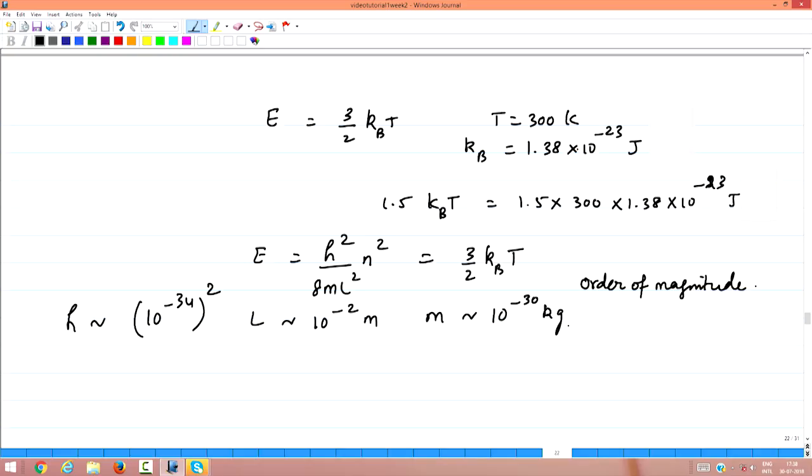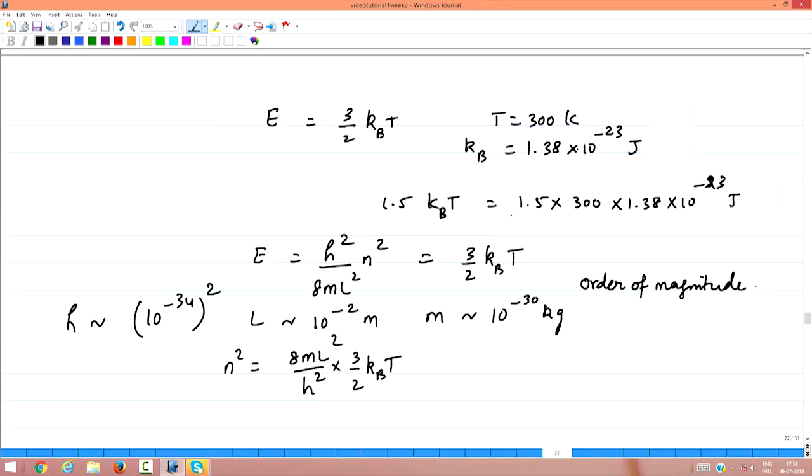It is 9.1 into 10 to the minus 31, which is about 10 to the minus 30 kilograms. Therefore, if you want to calculate n square, it will be 8 m L square by h square into 3 by 2 kBT.